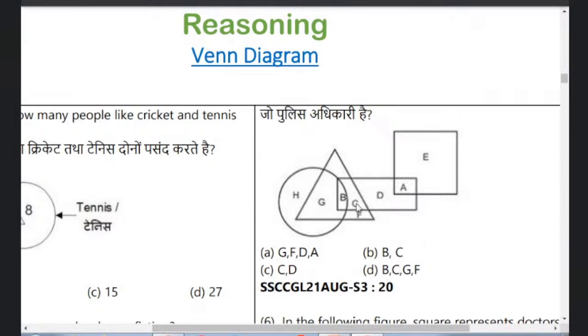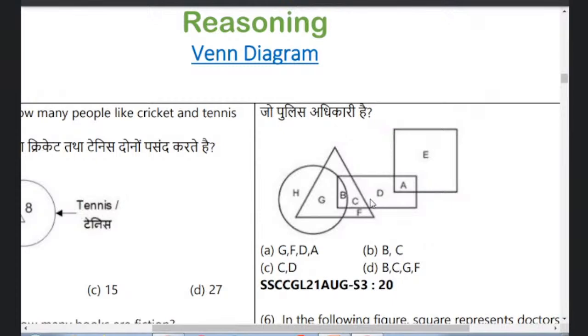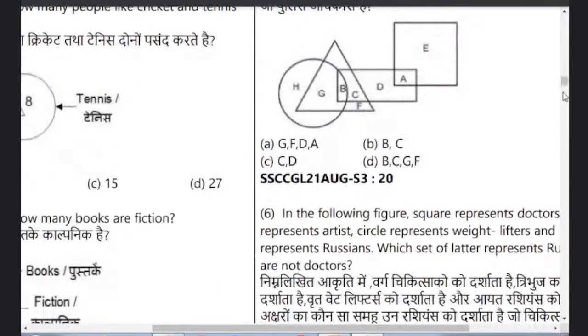Okay, and C and D, American as well as police. No, B option. Okay, B option.